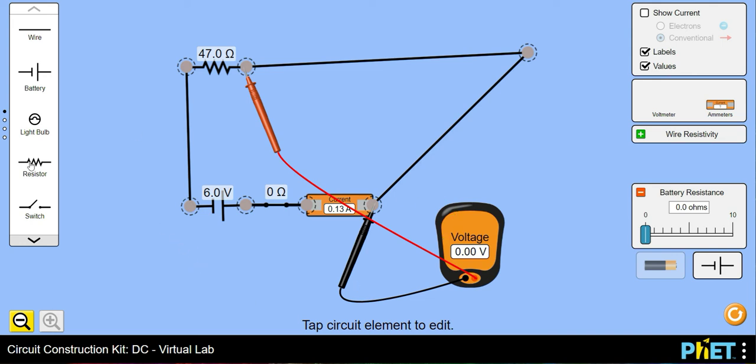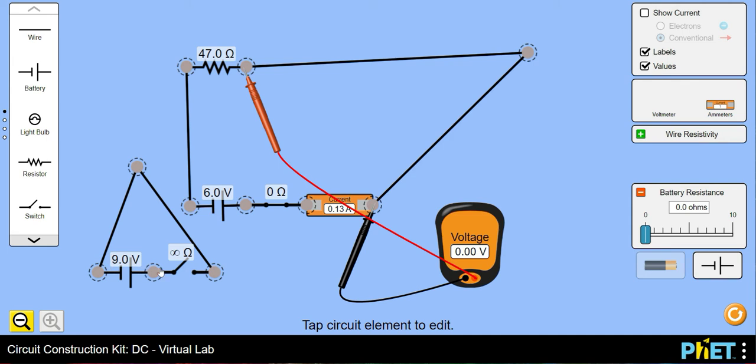What is a short? Well, if I have a battery and I want to put a switch here because I don't want to spoil it for you, and I connect one end of the battery to the other. Now, there is no circuit element here.